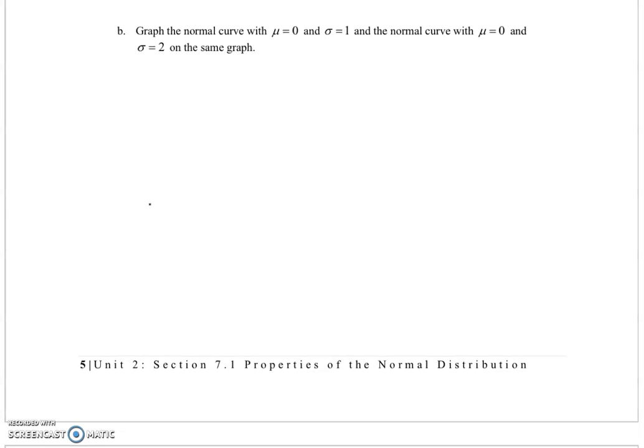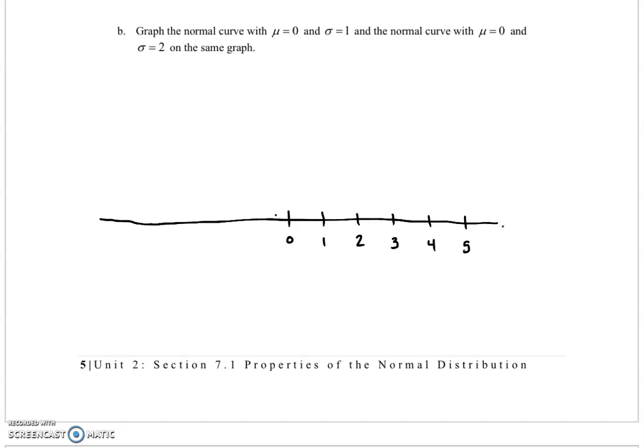So this time we have our horizontal axis with a mean of 0 and different standard deviations. 3, 4, 5, 6, and -1, -2, -3, -4, -5, and -6.